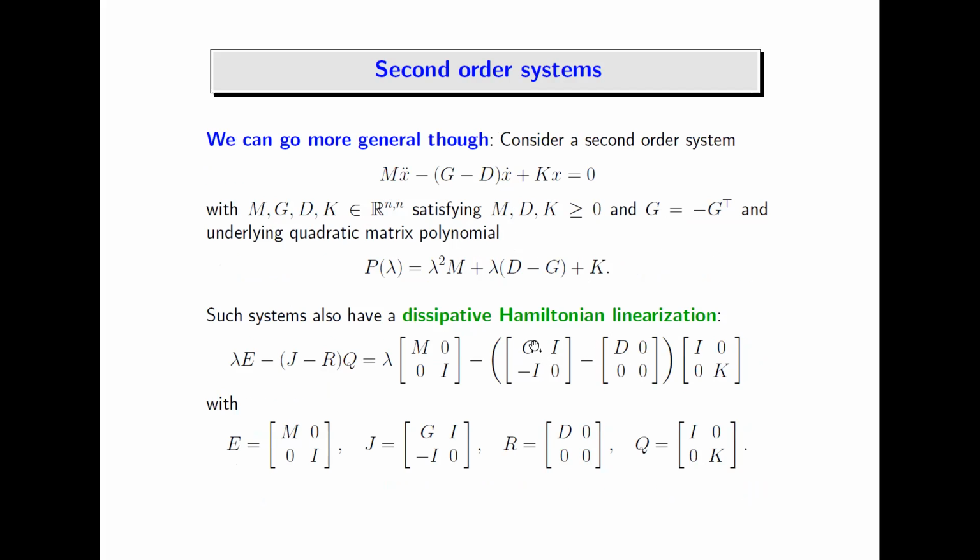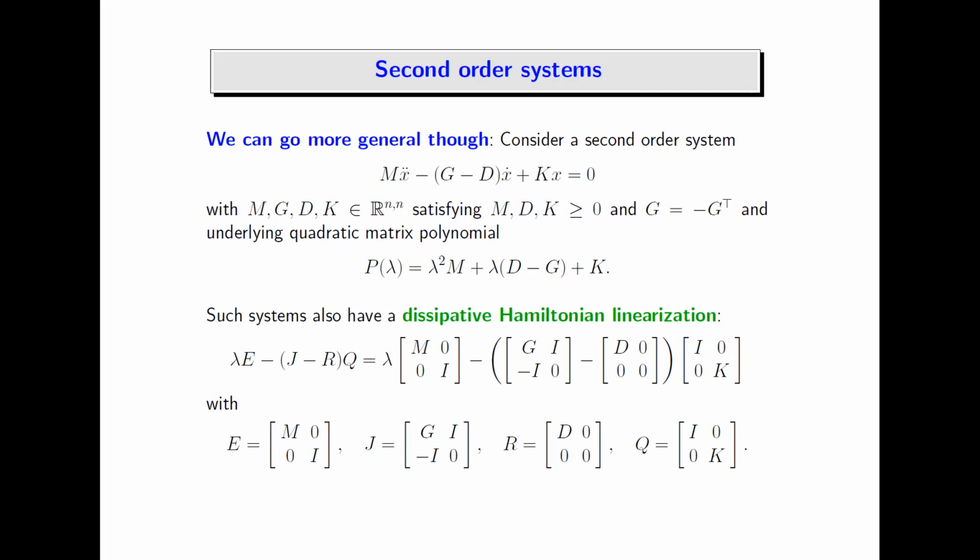So the G, which is skew-symmetric, can just be put here in the skew-symmetric parts. And there are also other variants. If you put it in M or in K, this also works. So from this point of view, we can even have more general matrix polynomials.